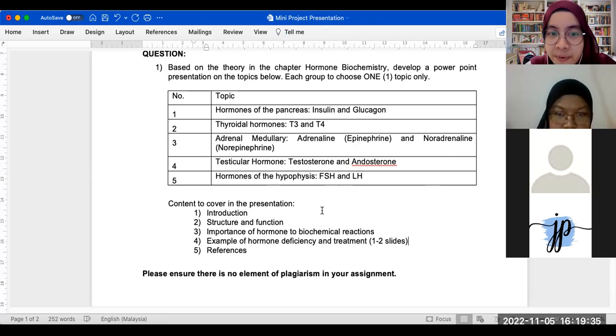So you need to include an example of the particular hormone deficiency, what happens, and what the current treatment is. If someone has adrenaline deficiency or non-functioning adrenaline, how do we address that? How do we treat them? It is very brief, 1 to 2 slides is enough, and then references.